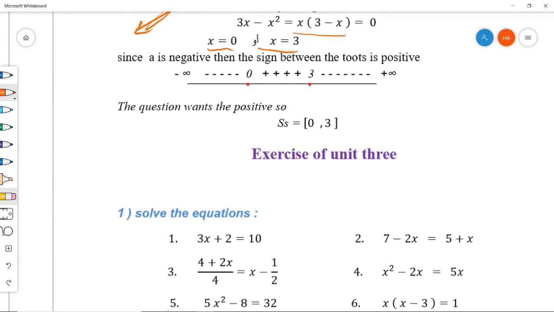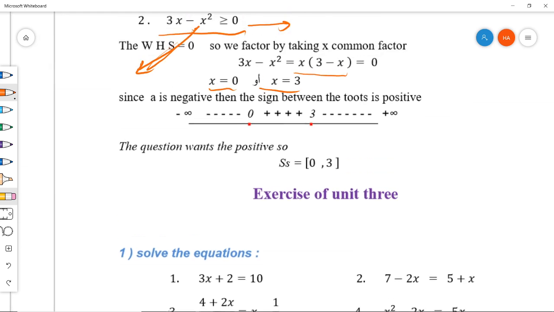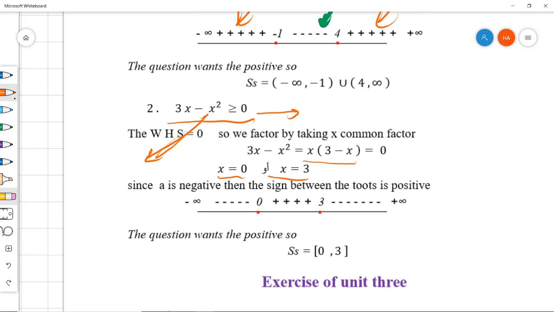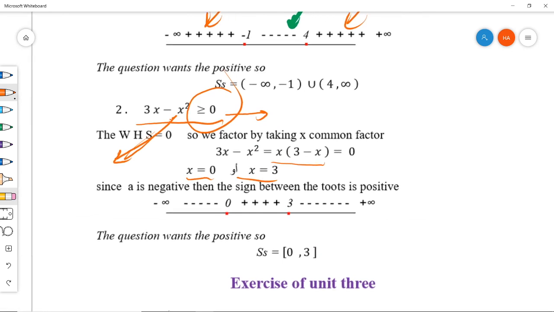So the sign between the roots is positive. And here is negative. Which interval we need? We look at the question. He asked me when the quadratic expression is greater than or equal to 0.